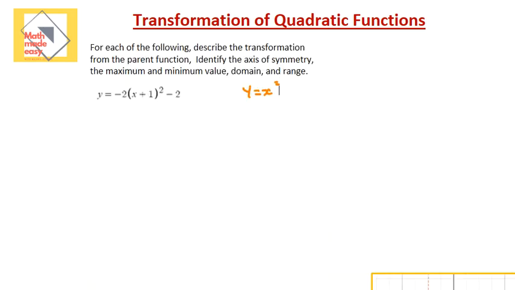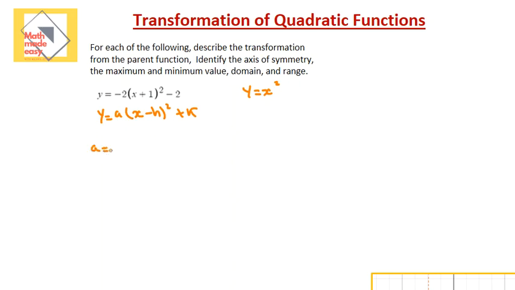Okay? Now let's go back to what we were discussing here. Can we describe the transformation and identify the axis of symmetry, the vertex, the domain and range? We absolutely can. Now this is y equals a(x - h) squared plus k, right? This is the vertex form of a parabola.